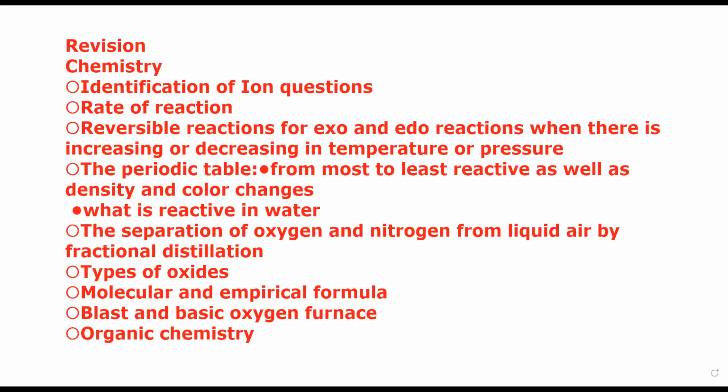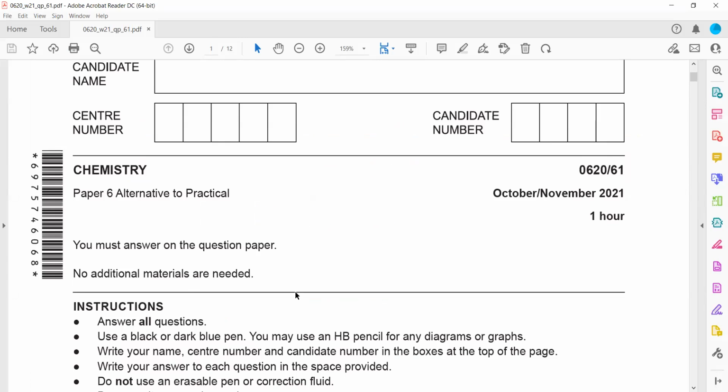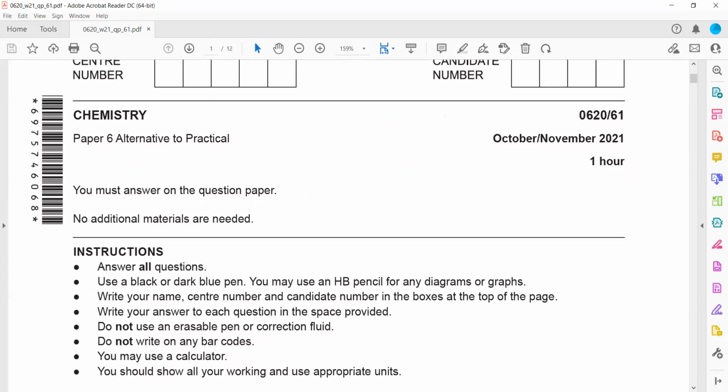So starting with the winter 2021 paper. This one is the October-November 2021 paper, variant 1.